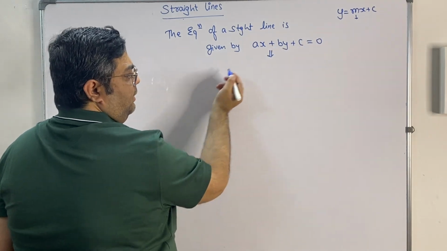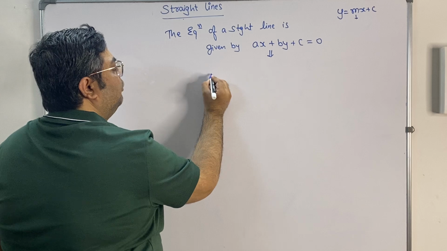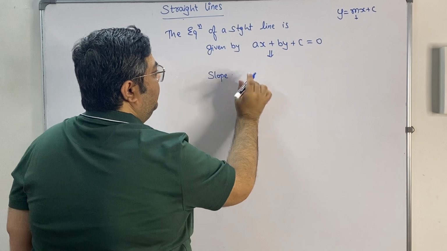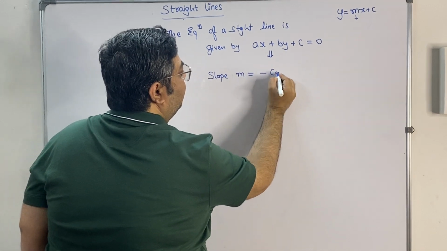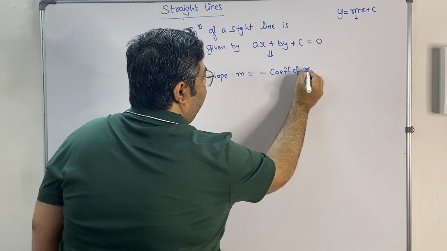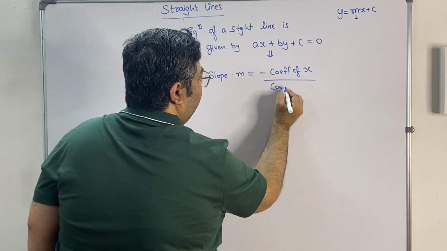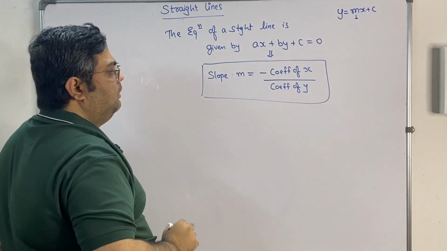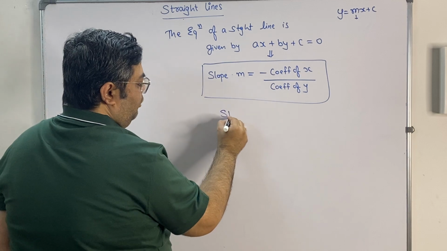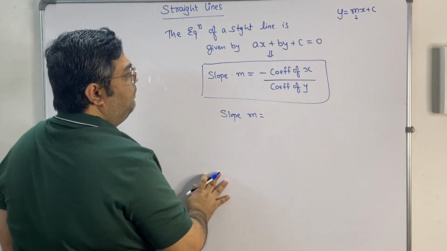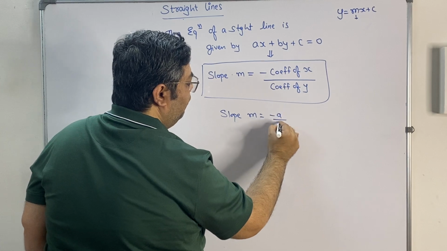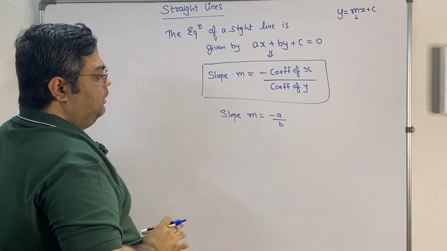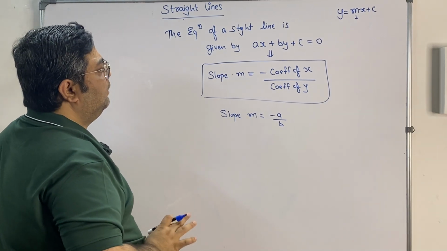If we have been given a straight line का equation, तो slope m is equal to minus of coefficient of x divided by coefficient of y. ये यूज कर सकते हैं डायरेक्टली आंसर के लिए. तो इन दिस केस slope m will be minus a over b. Why? A is the coefficient of x and b is the coefficient of y. तो ये यूज करके we can obtain the slope.